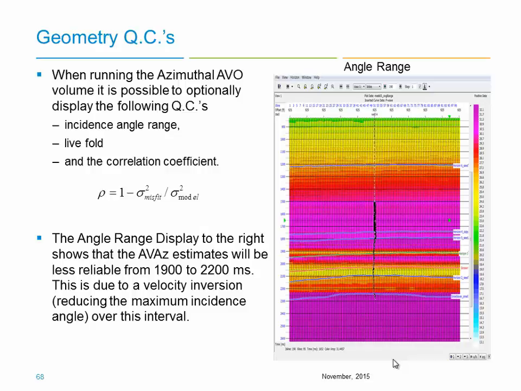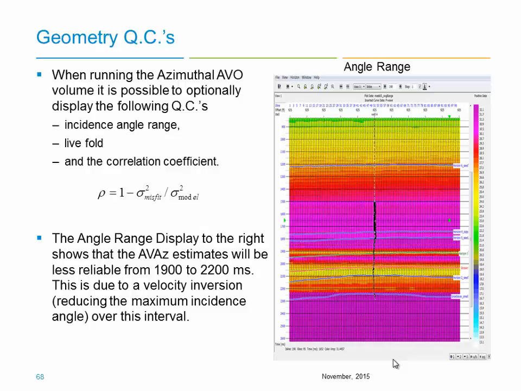And this is this display to the right here. And what you see is in the shallow section, just because we don't have near offsets, we have a relatively narrow incident angle range, and we're going to run into some stability issues because of that. Also in this data set, there's a velocity inversion associated with the shale, and again we have a more limited range of angles, so there's going to be some other problems.